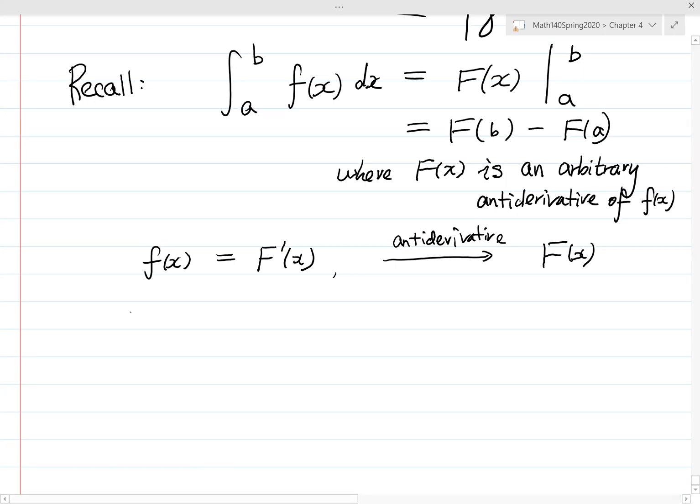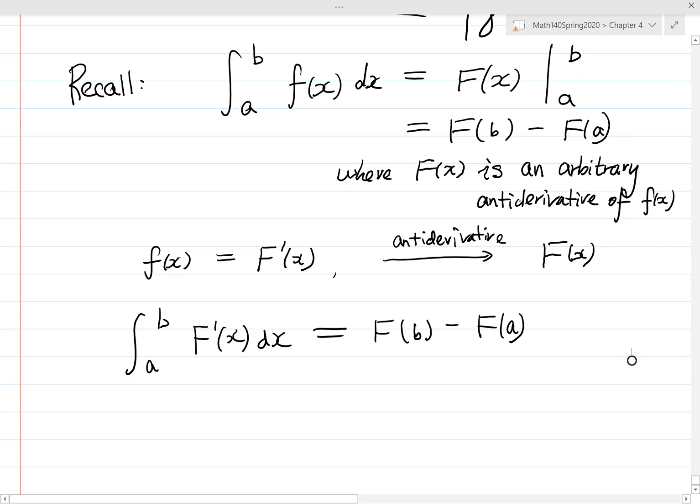Then, if we integrate the rate of change, now applying the fundamental theorem of calculus, we get F(b) minus F(a).